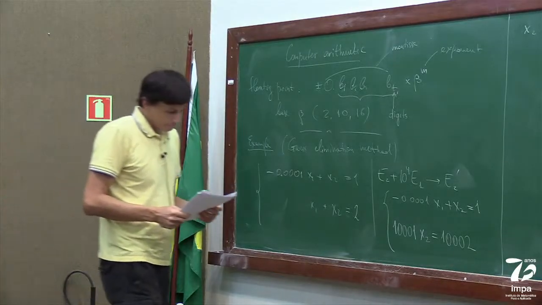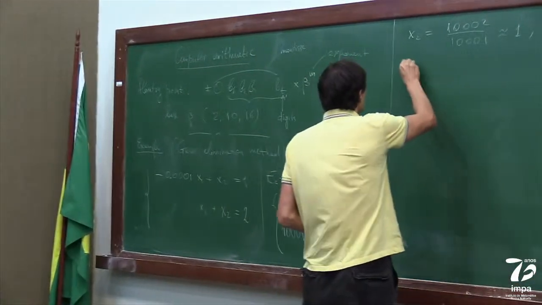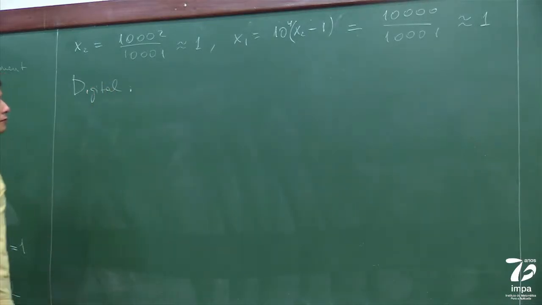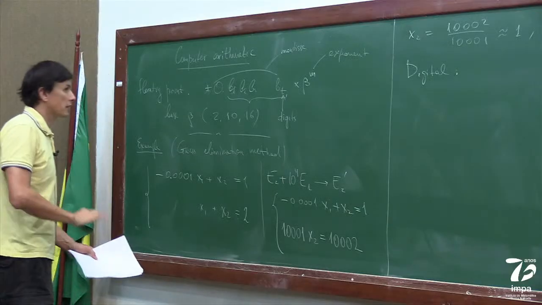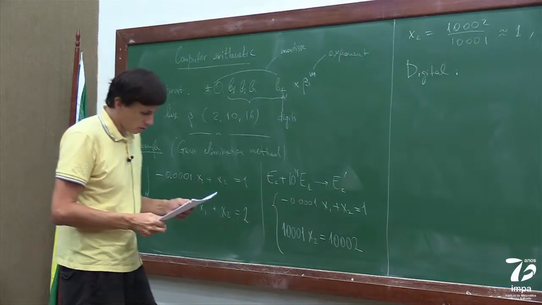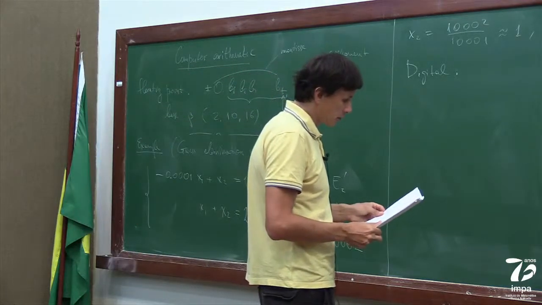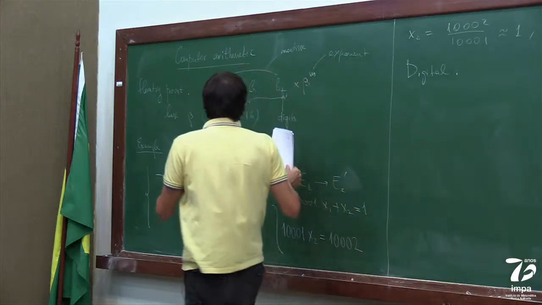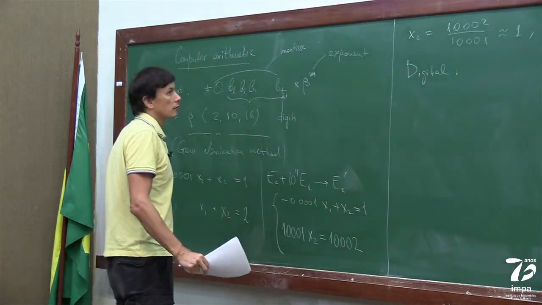So now make it a digital computation. Use floating point arithmetic and try to do exactly the same operations, but we know that we now have only a finite number of digits, right?